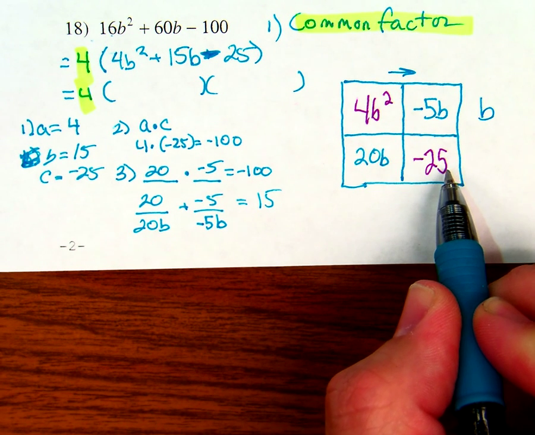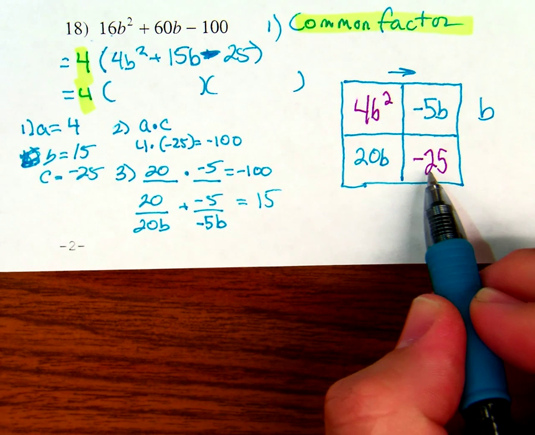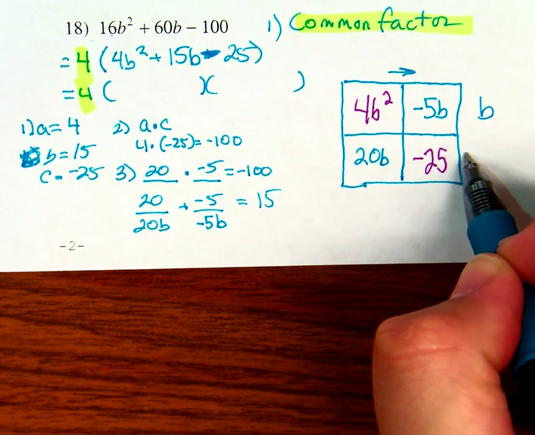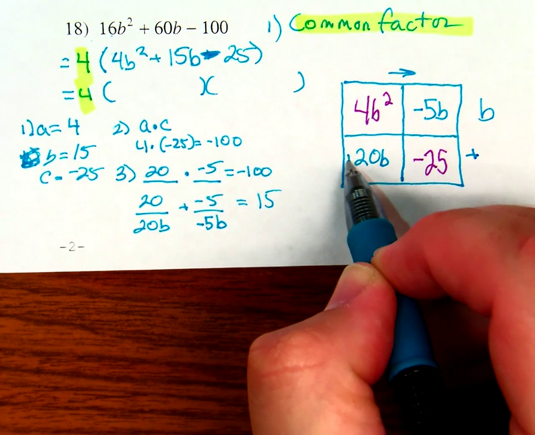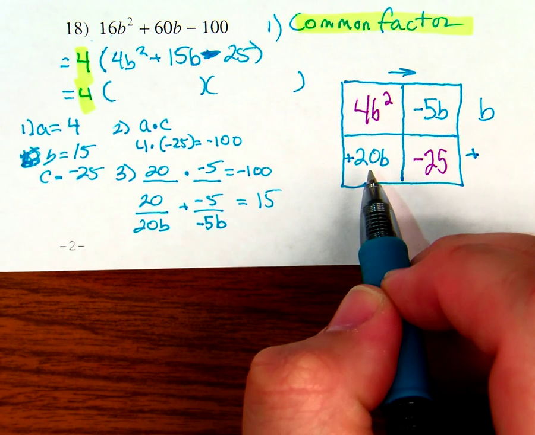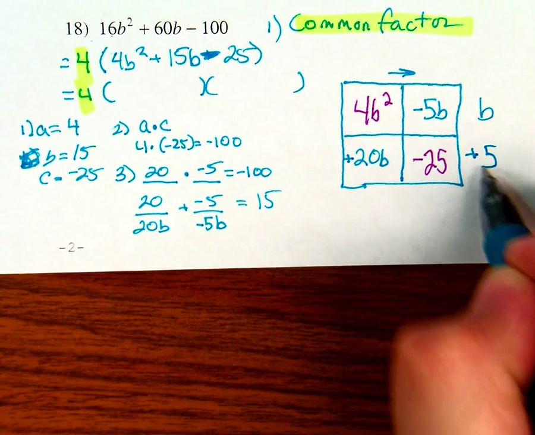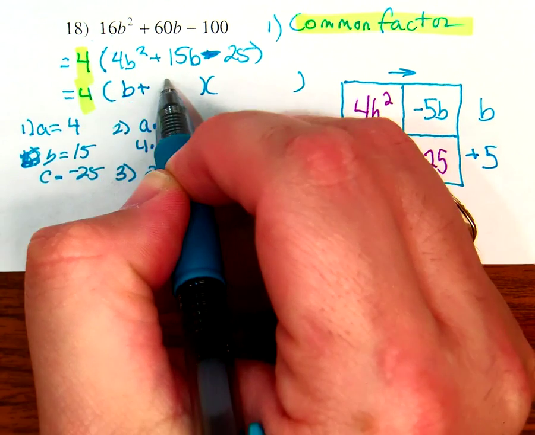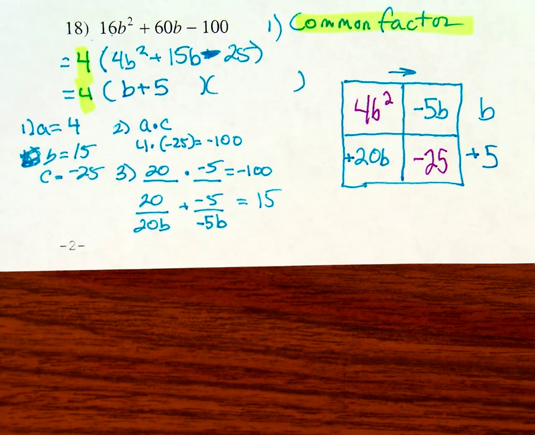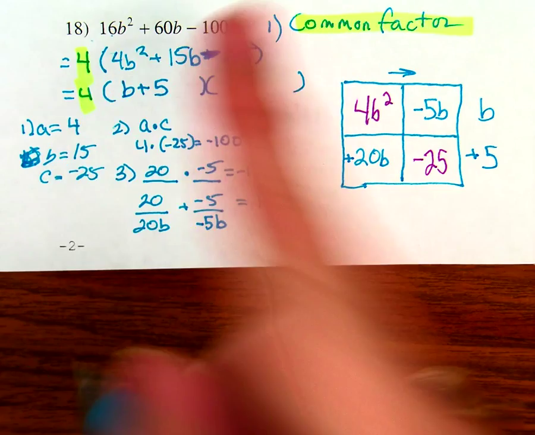No. But I have 20 and negative 25. It's going to be a positive because this guy's positive. Remember, the first box is always going to tell you if it's positive or negative. In this case, it's positive. And it's going to be a positive 5. So I know b plus 5 is one of my factors.